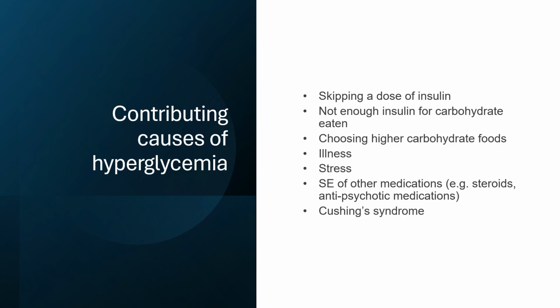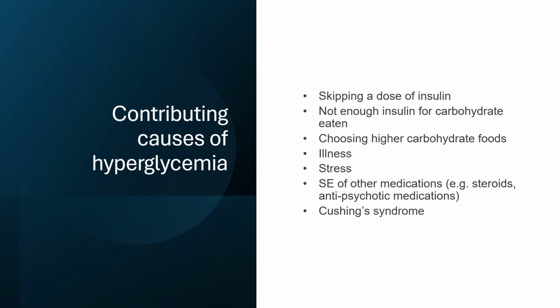They could do nothing different apart from being ill. So illness will cause release of cortisol, the stress hormone, and they could be doing everything perfectly and be ill, and the glucose levels will go up. Again, with stress, they didn't do anything different, but they're experiencing some stress in their life, and those cortisol levels go up.